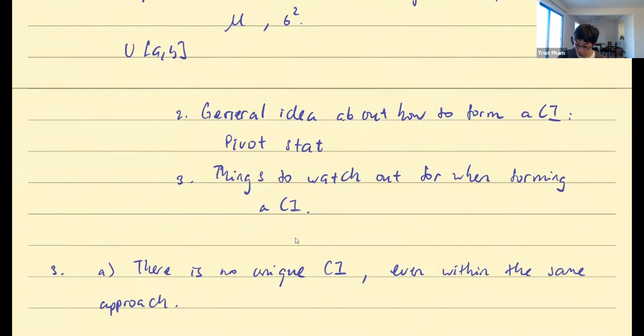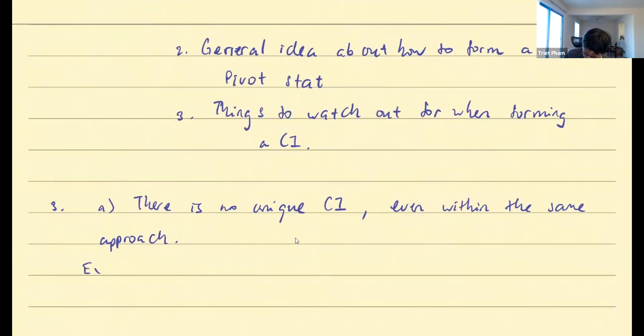I haven't discussed what the approach is, so you probably don't understand what that means yet. But let's say you use the same pivotal statistic, then you may not get the same confidence interval. Let me explain why. Very simple.